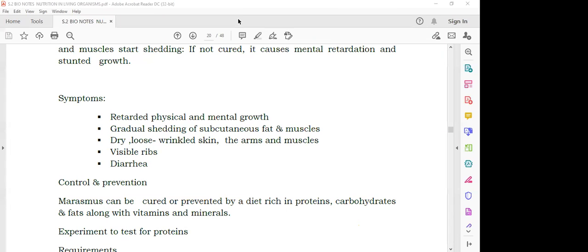Retarded physical and mental growth. Okay. Radial shedding of subcutaneous fat and muscles. Dry, loose, wrinkled skin. The arms and muscles. Visible ribs and diarrhea. Very good.